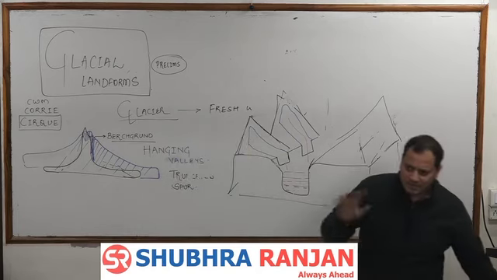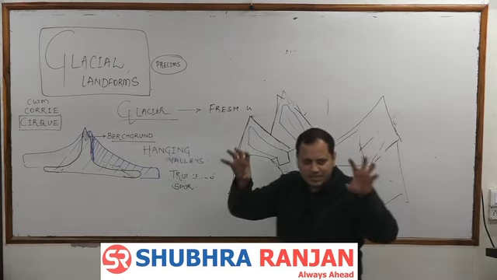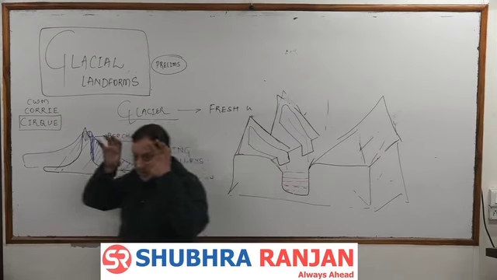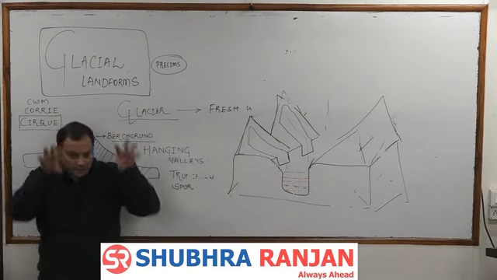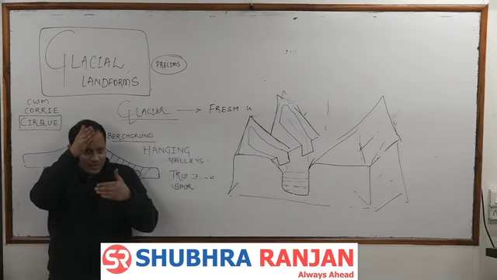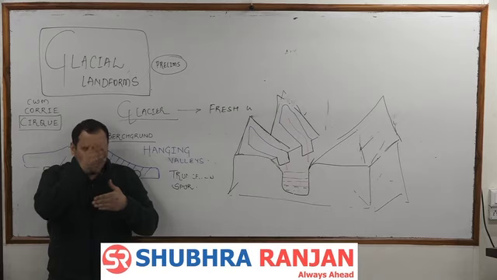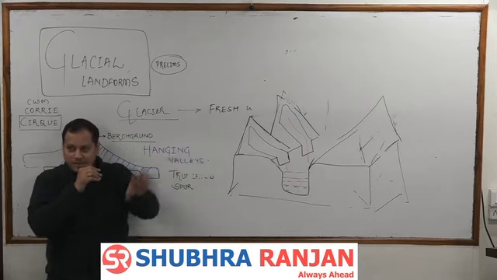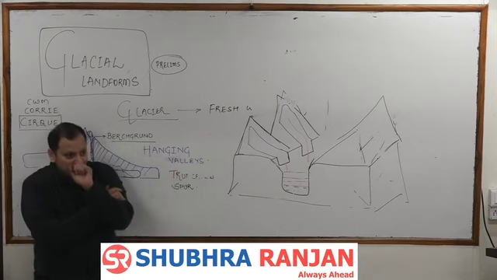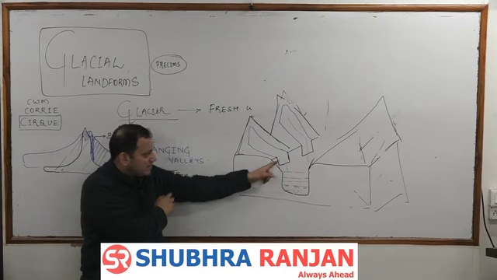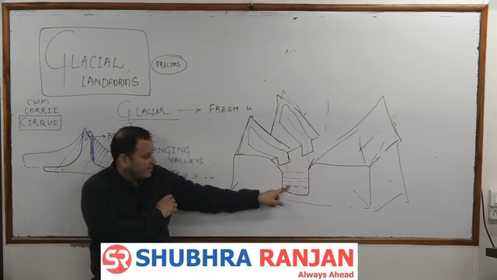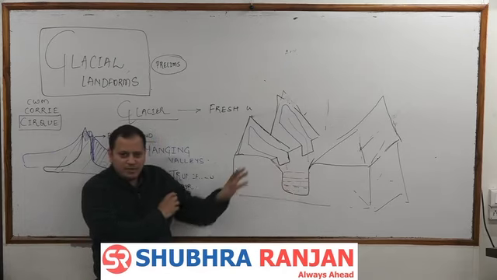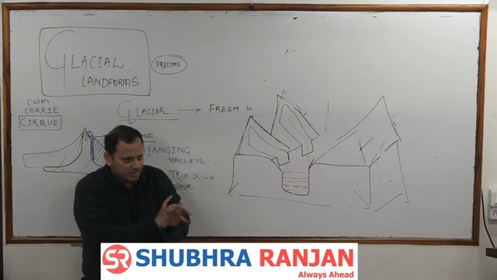Why hanging valleys? Understood? Because the tributary glaciers do not have the greater power of erosion, so they will erode their valley up to a lesser depth as compared to the valley of a main glacier. And hence, we say that इनकी valley is at a greater height as compared to the main valley, and we call this a hanging valley. यहाँ तक समझ में आया?